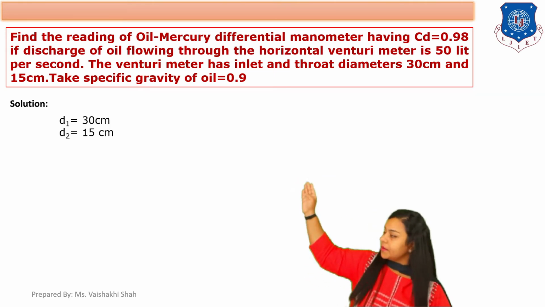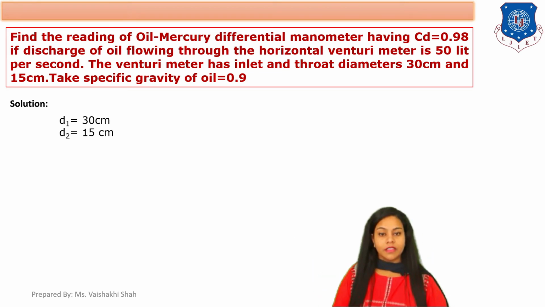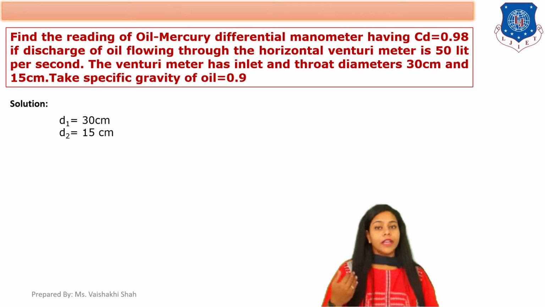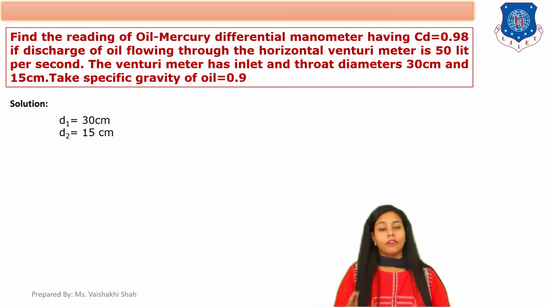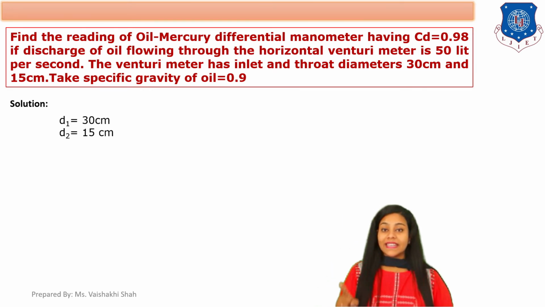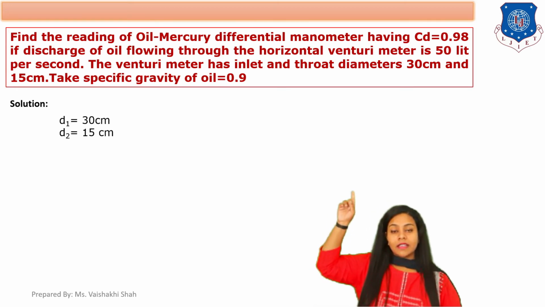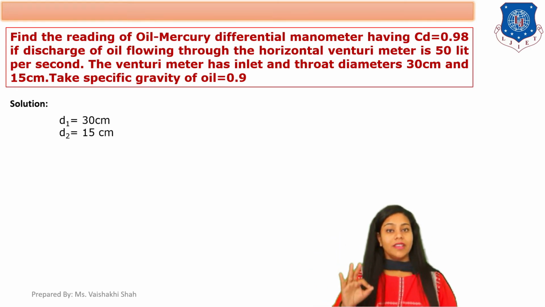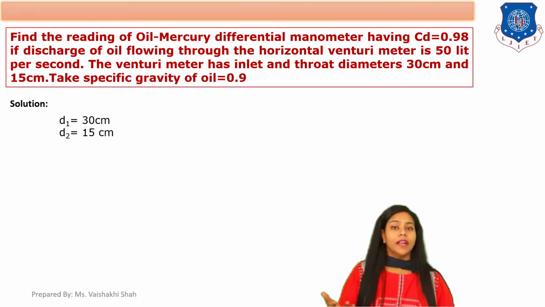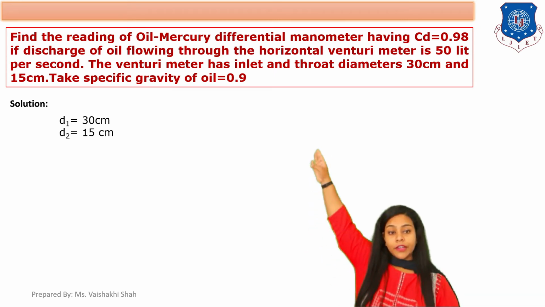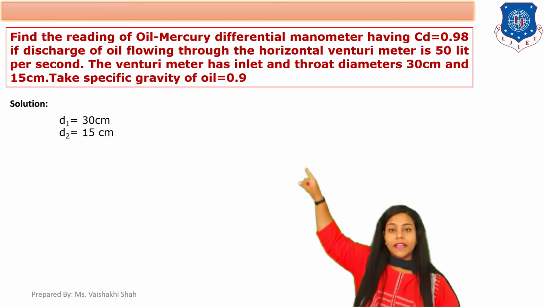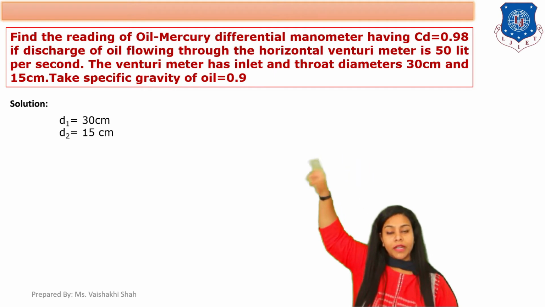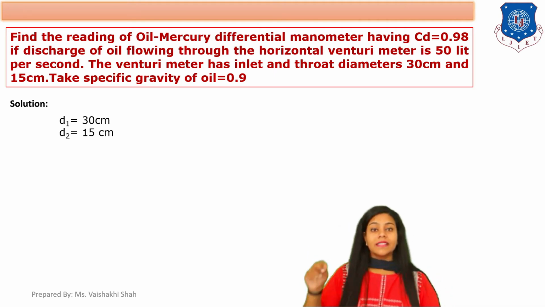Here we have to find out the reading of oil mercury manometer. In this example, h is not the subject; we have to find X, the oil mercury differential manometer reading.